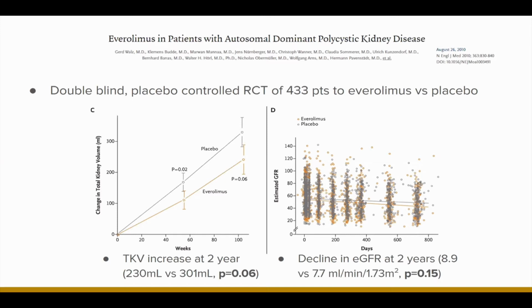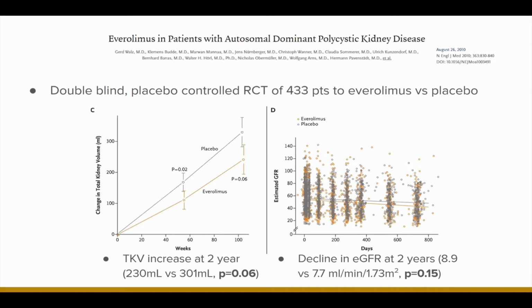They found that the increase in total kidney volume at 1 year was statistically significant. However, at the endpoint of 2 years, this was not different. And more importantly, the decline in GFR over the trial period was not found to be any different between everolimus and placebo.